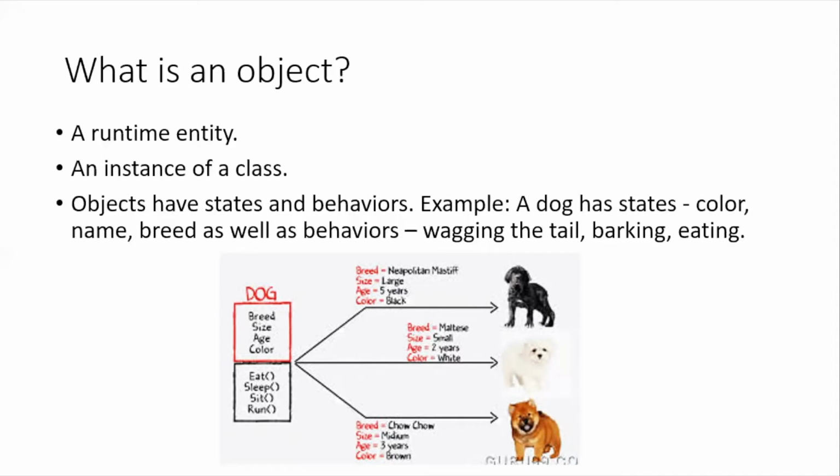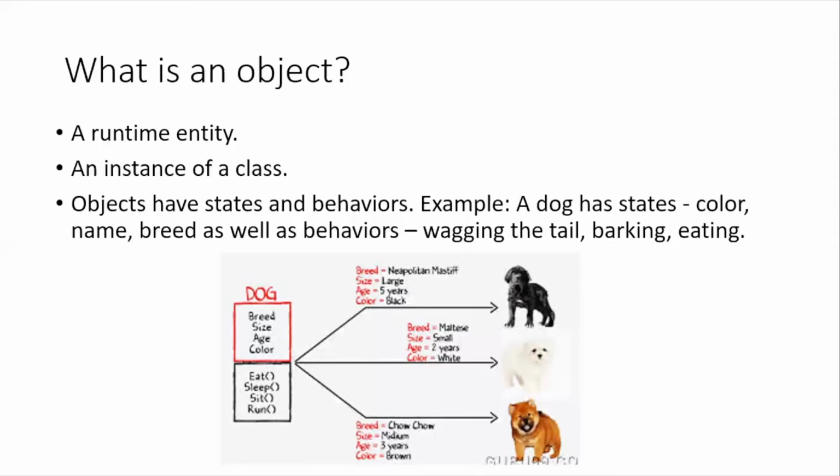Now, dog can perform various operations, certain functionalities there, like wagging the tail, barking, eating, sleeping, sitting, running, etc. So these are various behaviors or operations or functions which are being performed by that particular object. Whenever we are going to use object-oriented programming, obviously we are going to create objects. Objects are going to have states and objects are going to have behaviors.